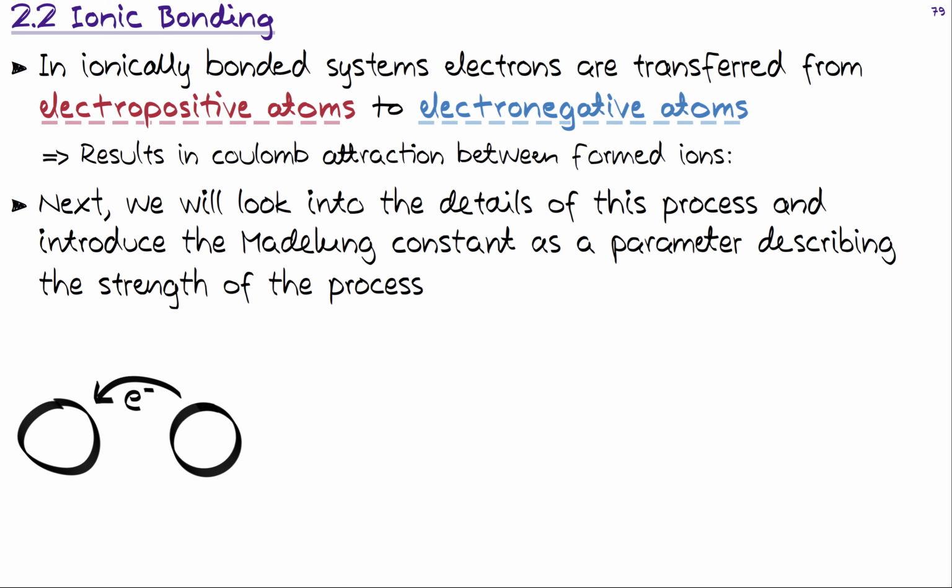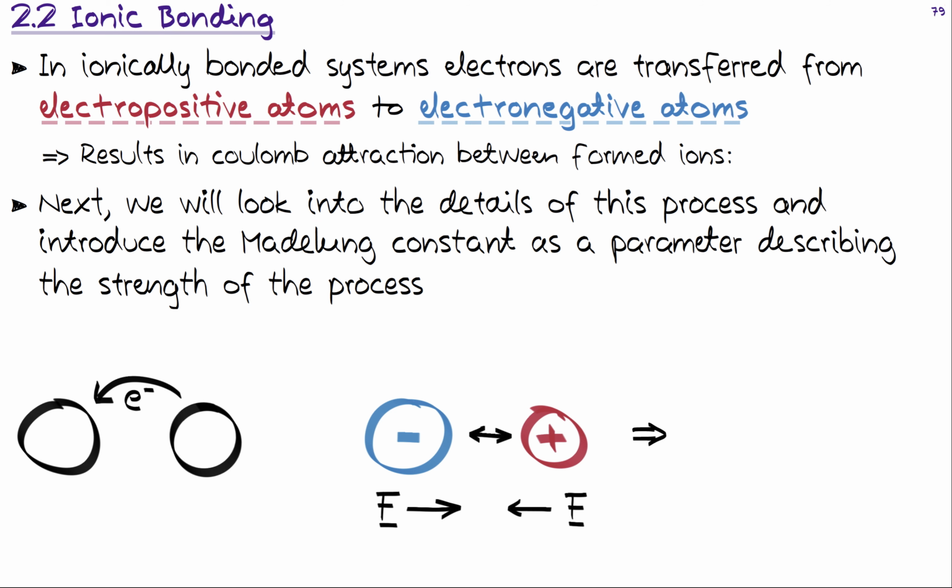And graphically, what happens is that we start with two charge neutral atoms, so that they have an equal amount of protons and electrons. Then one electron hops from the electropositive atom to the electronegative atom, and subsequently we will have two ions, which is actually the better word.